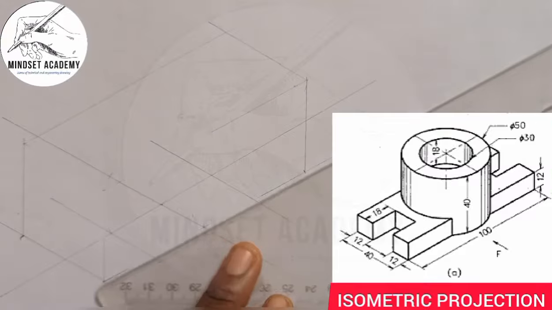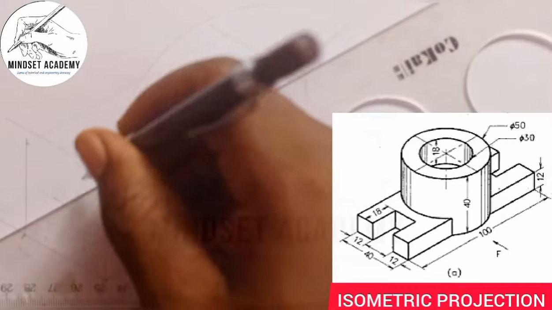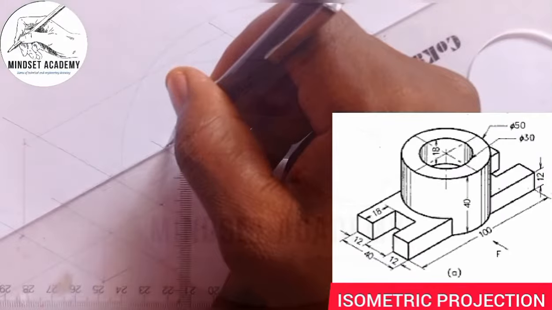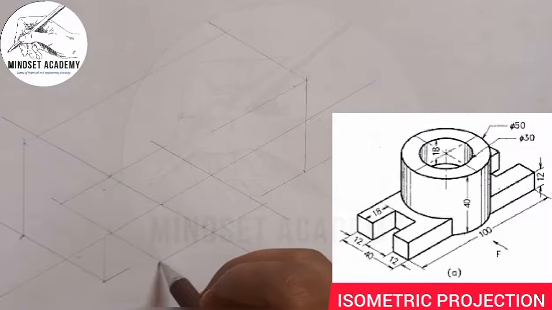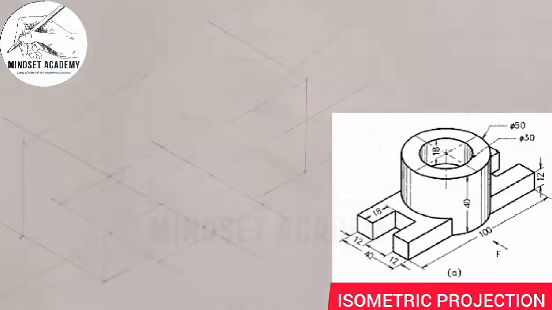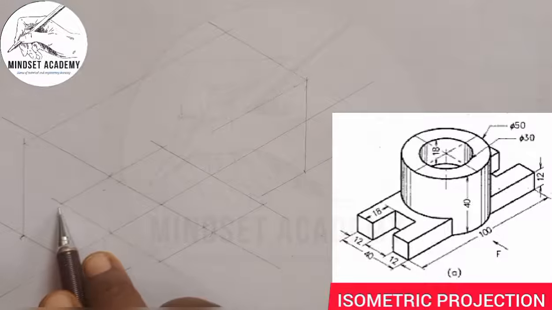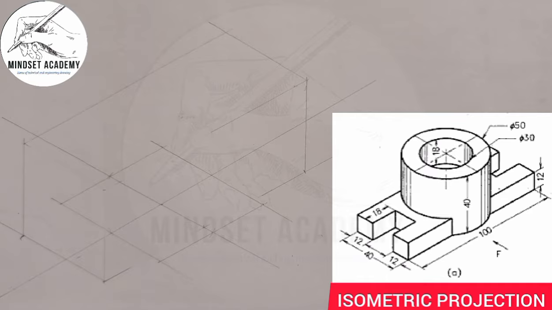Because in drawing circles in isometric, you have to use the method called the ordinate method of construction to make it easier. Now what do you notice? I have brought out this box, right? And I'm going to draw a circle here. How will I do it? The first thing is I will draw the diagonal, the longest diagonal.